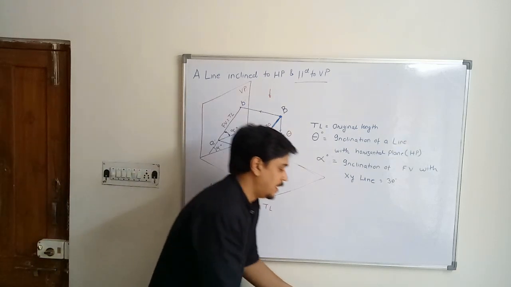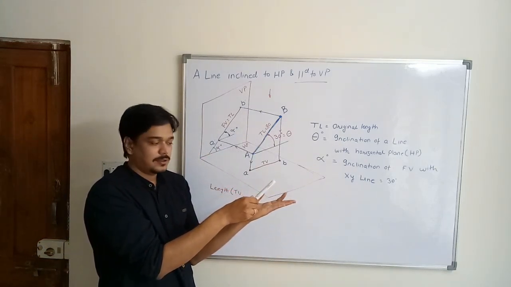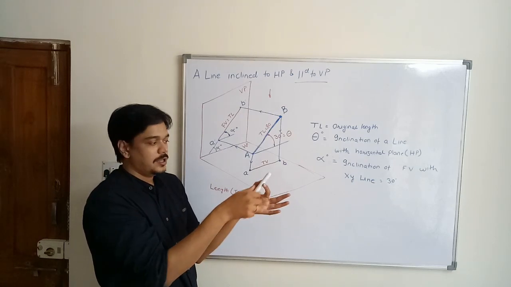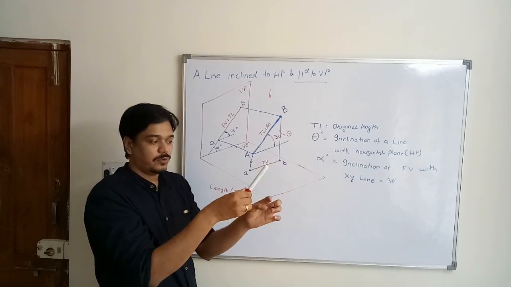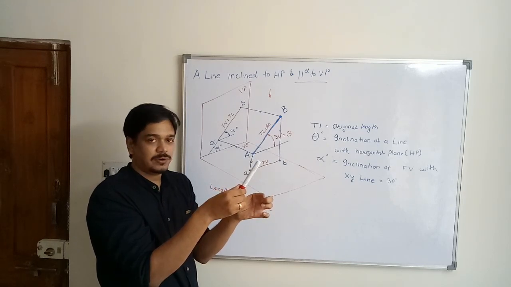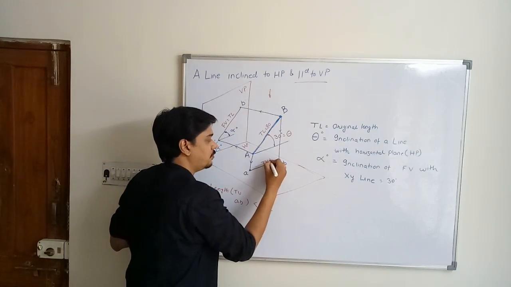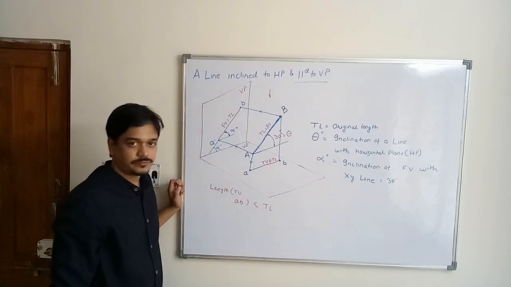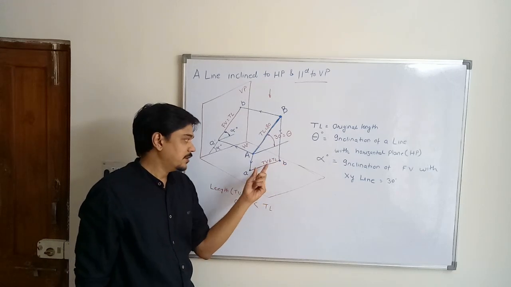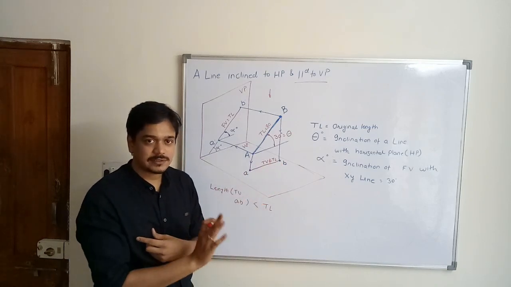Because when a line is inclined to horizontal plane, it is not parallel. So that's why the projection of this point will appear over here. So this much length will be the top view length and actual length is this. So your top view length will not be equal to the true length because true length is 80. So you will get a reduced length, that is top view length, that is apparent length. So length of top view is reduced in this case.